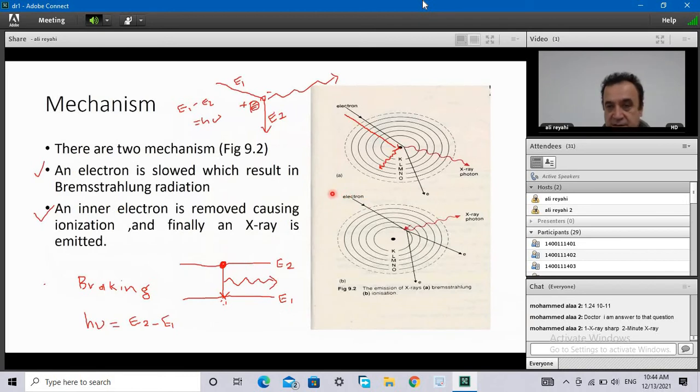Again, electrons from the cathode strike an inner electron. This electron is pushed out, removed, and an electron from an upper layer falls here, and here we have this X-ray. It is X-ray with a line spectrum, not a continuous spectrum.